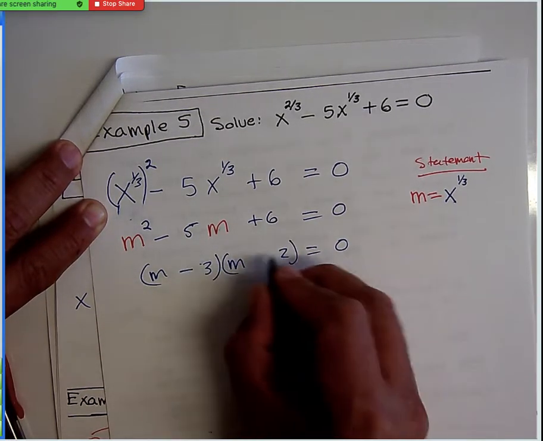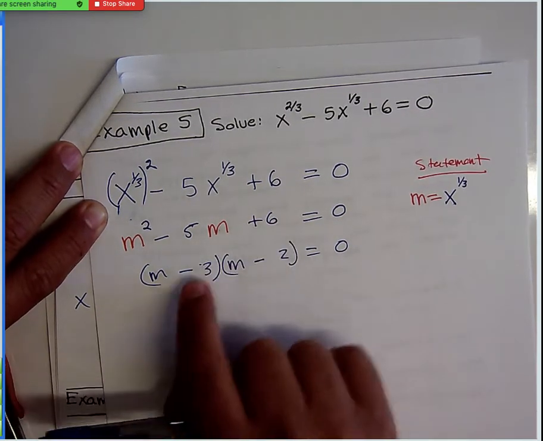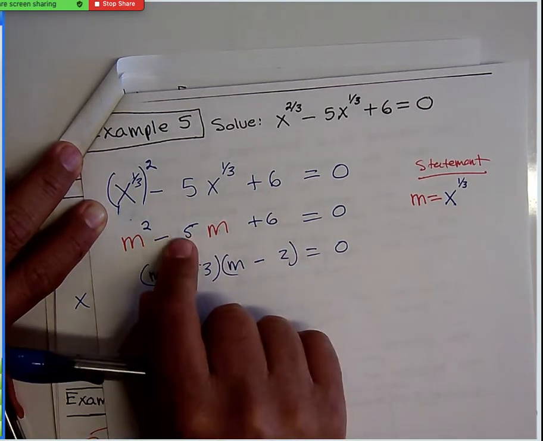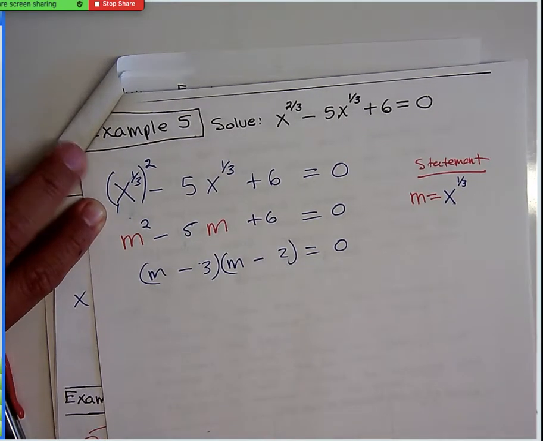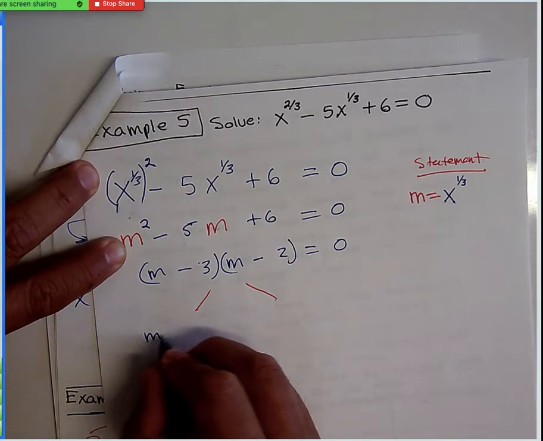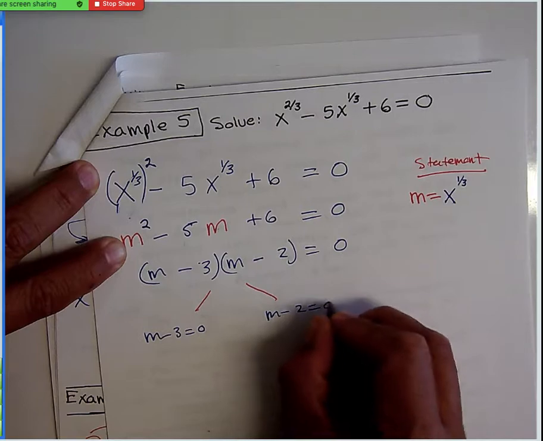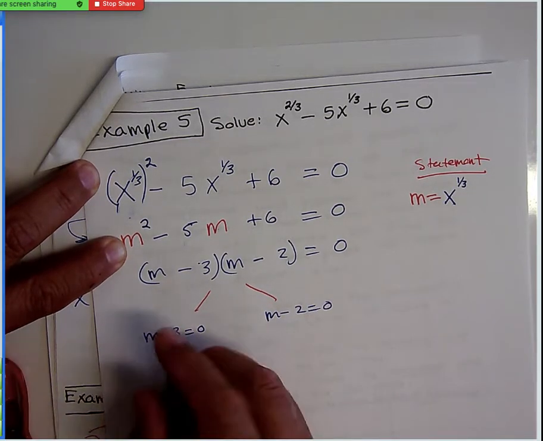Both of them have to be negative. Negative times a negative gives you that positive 6. Negative plus another negative gives you that negative 5. And you add them. So again, you do the same. You split them. And then you solve for M.